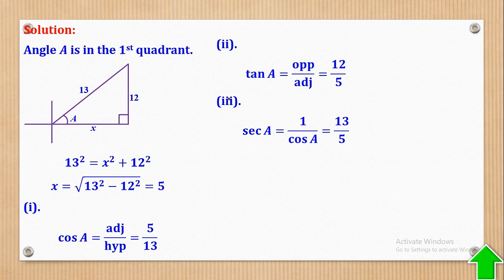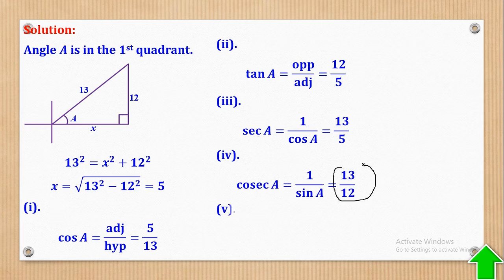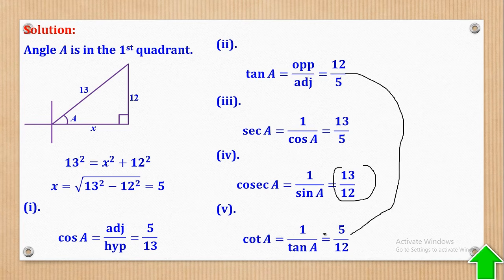Then sec A is the reciprocal of cos A, so cos A is 5 over 13, meaning that the reciprocal will be 13 over 5. Then cosec A is the reciprocal of sine, so sine was 12 over 13, meaning the reciprocal will be 13 over 12. And lastly, cot A is the reciprocal of tan, therefore tan was 12 over 5, meaning that its reciprocal will be 5 over 12.